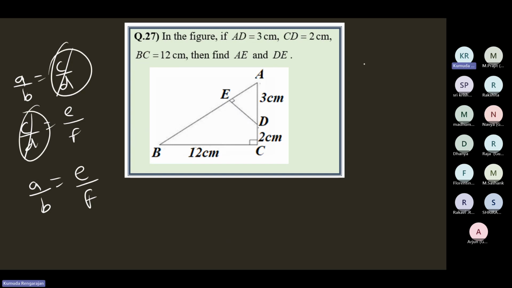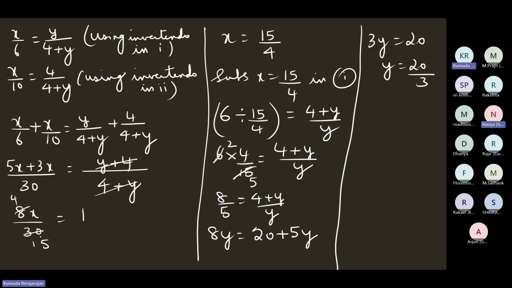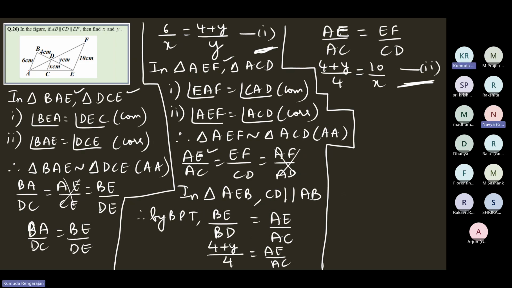If there is nothing common, when you have two ratios and nothing is common, then you can add the ratios, subtract these two ratios, multiply or divide the two ratios. So here we choose to add the two proportions, 1 and 2.